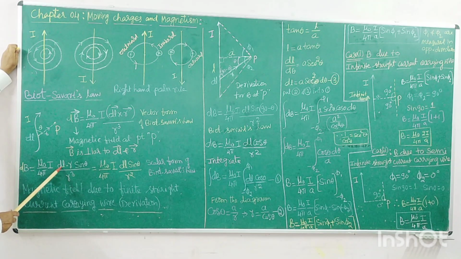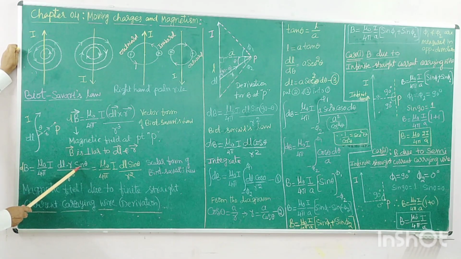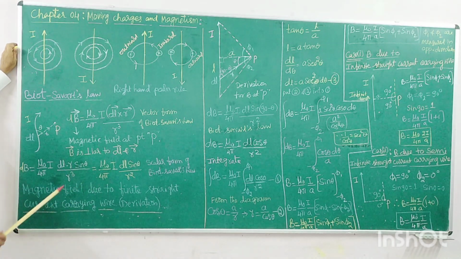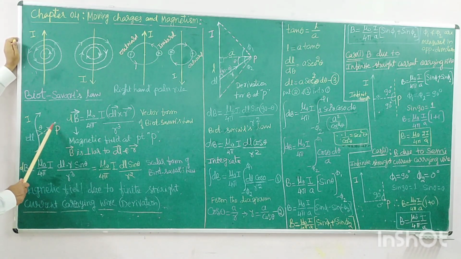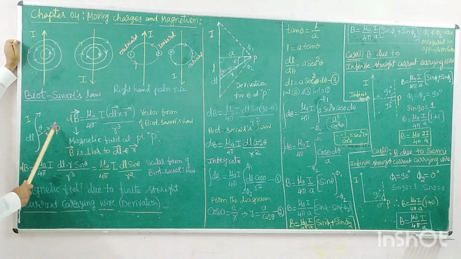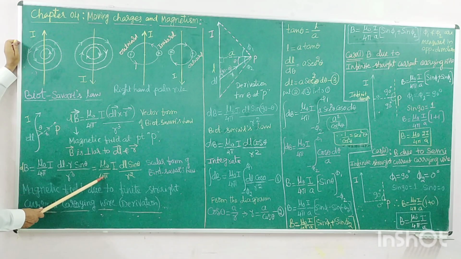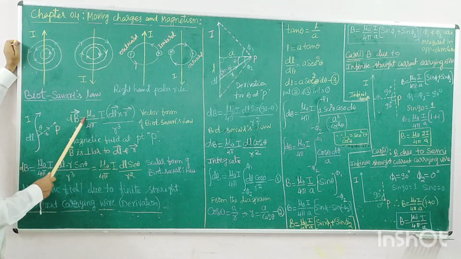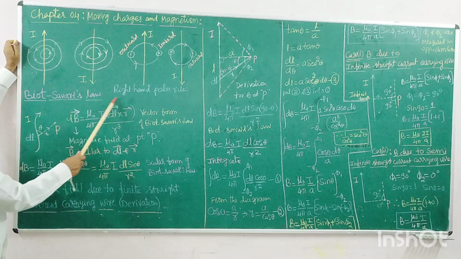So the magnitude of that is dl r sin theta. Now when r cancels, it is r squared. Finally, what is our final expression? Only for the magnitude of the field, the magnetic field at this point is mu naught by 4 pi, I into dl sin theta by r squared. Here mu naught by 4 pi is the proportionality constant, proportional to this function.